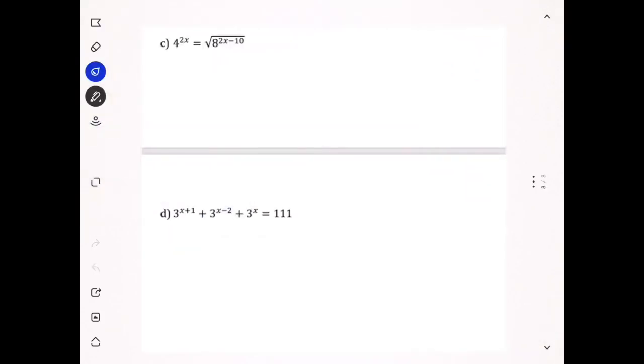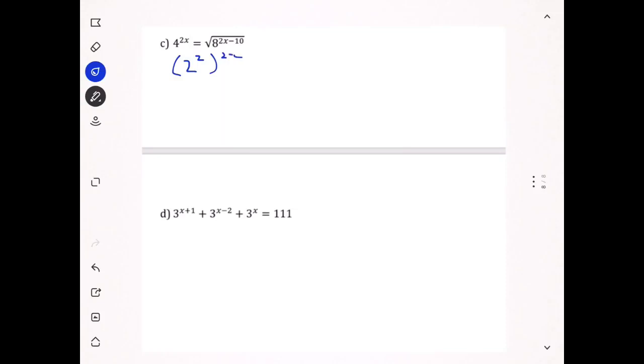Two more examples. 4 to the 2x equals, all rooted, 8 to the 2x minus 10. This one is slightly trickier. We have to still get our bases the same as prime factor bases. So 4 needs to be converted into 2 squared.